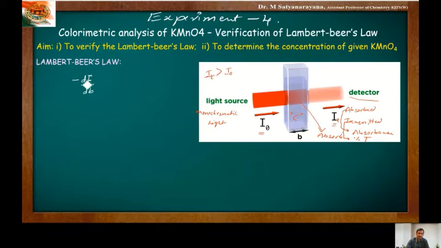So the decrease in the intensity of light with path length is proportional to the intensity of incident light and the concentration of the solution.